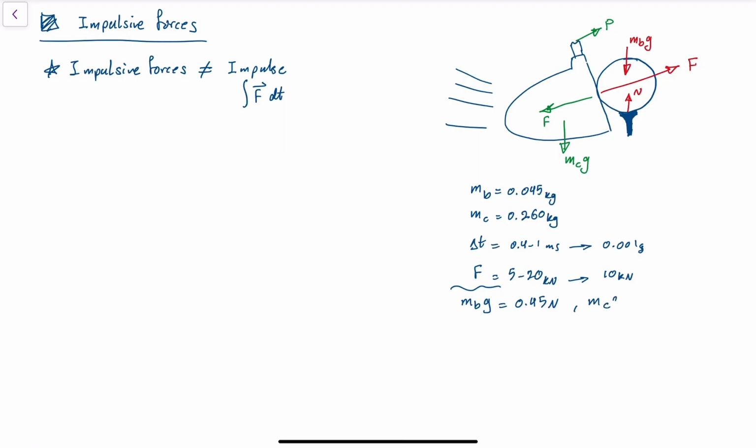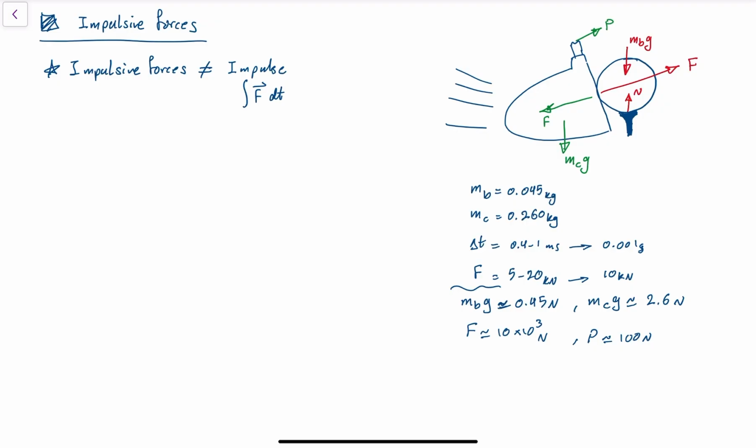And mass of the club times gravity, let's do this, so you're not too mad at me, is 2.6 newtons. Normal force should be in the order of the same magnitude as mb times g. Force F, we know it, 10 kilonewtons, and P, I think I took these from papers. Let's take it about 100 newtons.